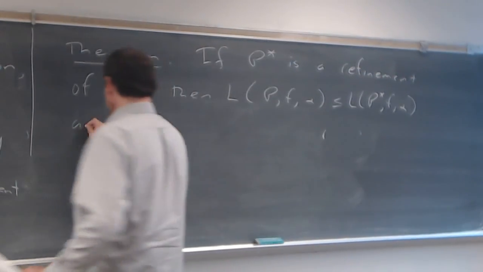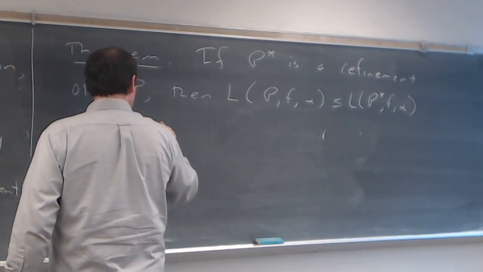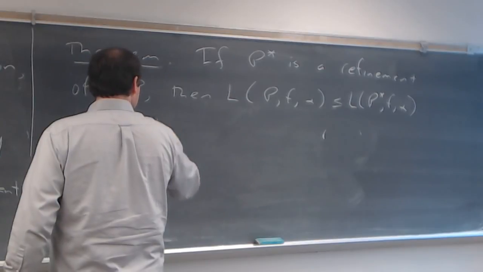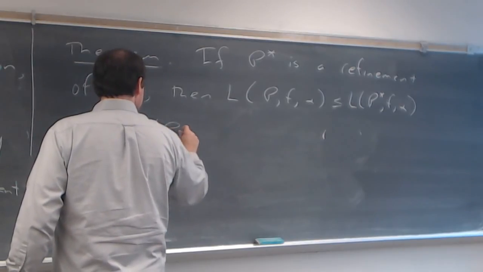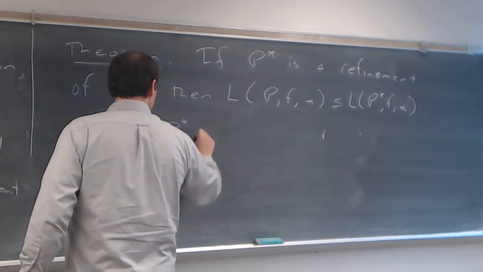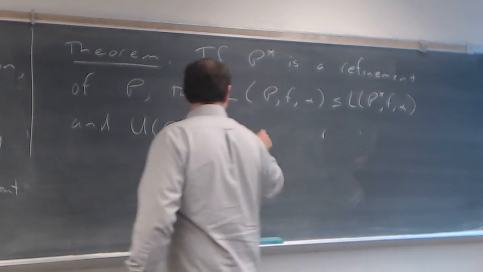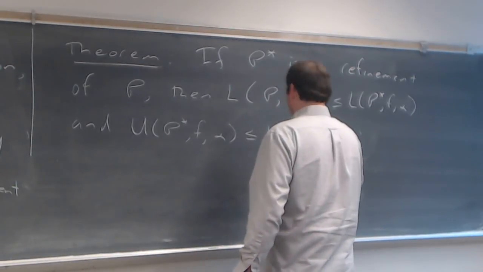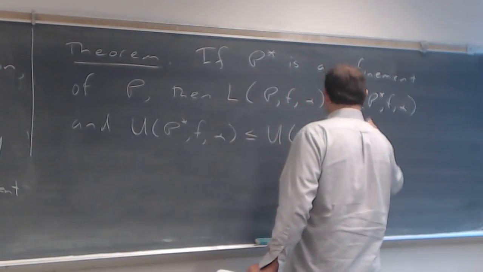And it turns out that the upper Riemann-Stieltjes sum with P star, f, and alpha will be less than or equal to the upper Riemann-Stieltjes sum with P, f, and alpha.